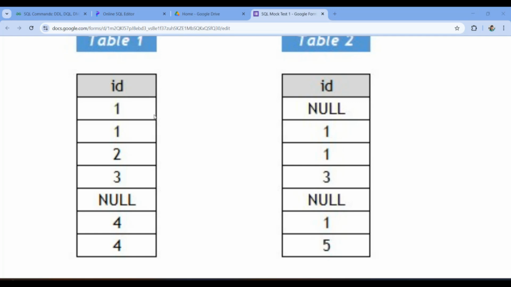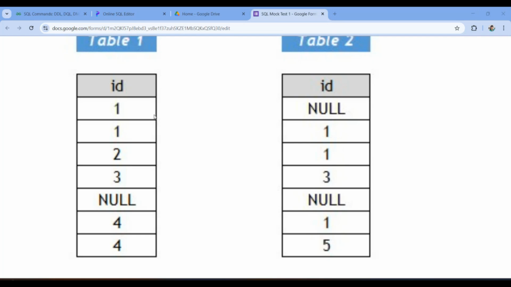Now that 7 will be there in your left also, right also, full outer also, plus something else also. Now 7 plus, what are the things which were not matched from the left table? 2 was not matched. Null was not matched. 2 times 4 was not matched. So 7 plus 4, 11. Right join: 7 plus, what was the thing which was not matched?